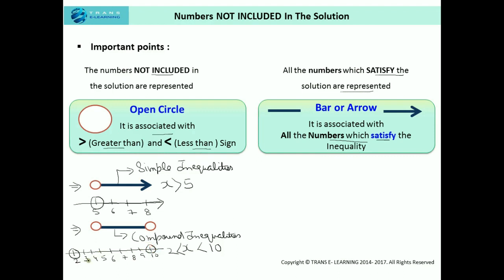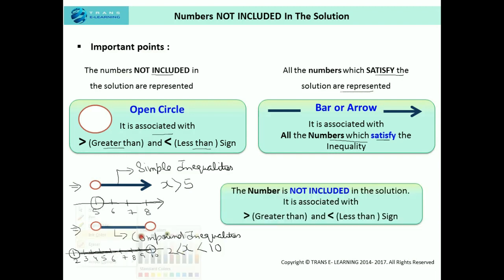And as 3, 4, 5, 6, 7, 8, 9 satisfy the solution, we will just mark them with a bar. So this is how we represent the solution for simple inequalities and compound inequalities for numbers not included in the solution. And to conclude, the numbers which are not included in the solution are associated with the greater than and less than signs.